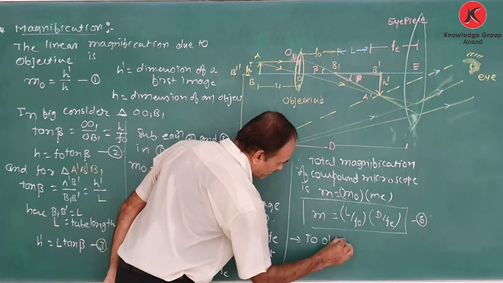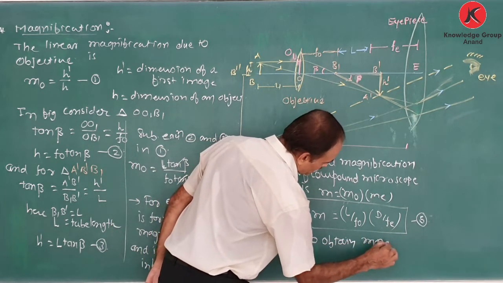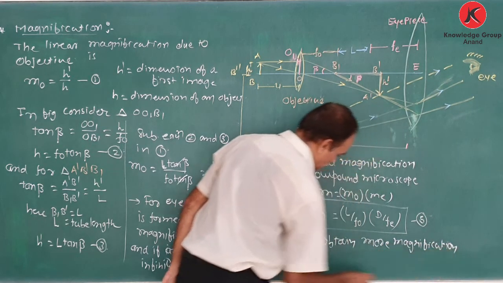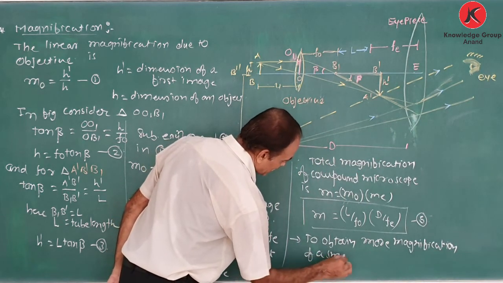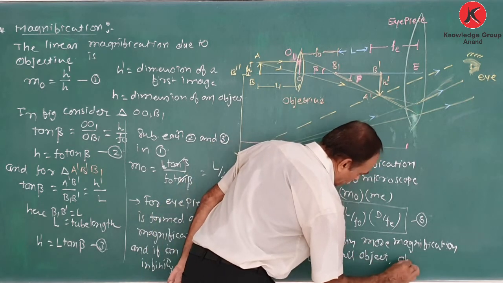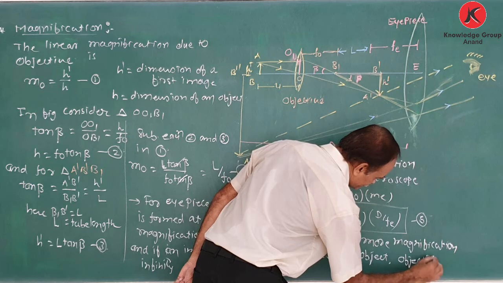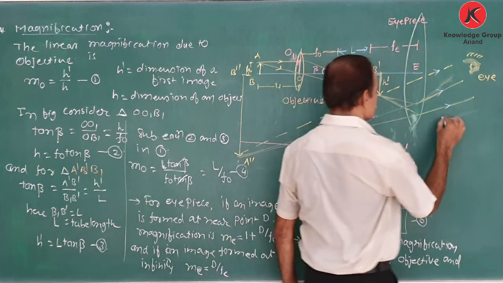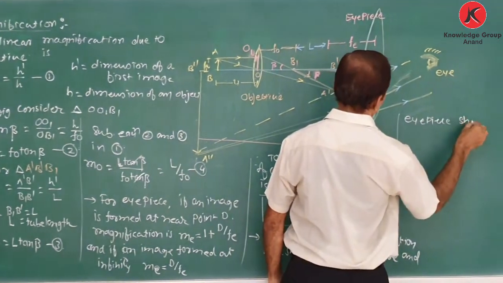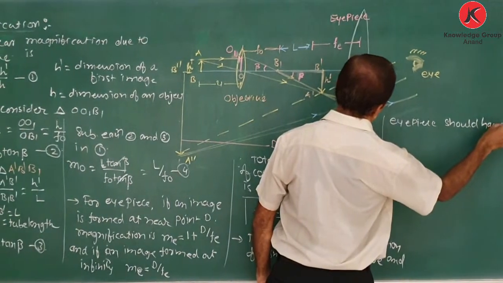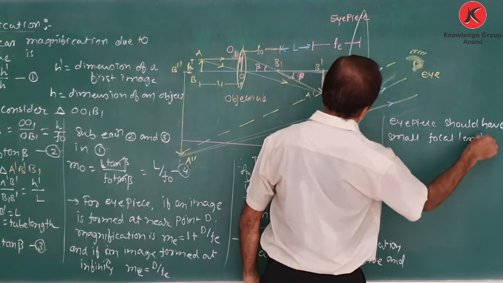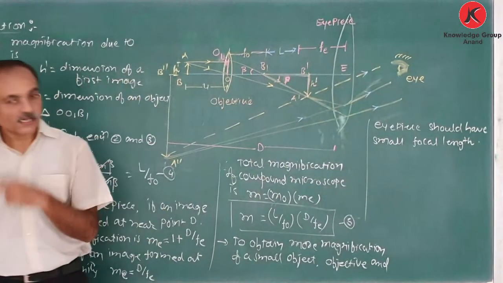To obtain more magnification of a small object, objective and eyepiece should have small focal length. So that is the magnification of the compound microscope.